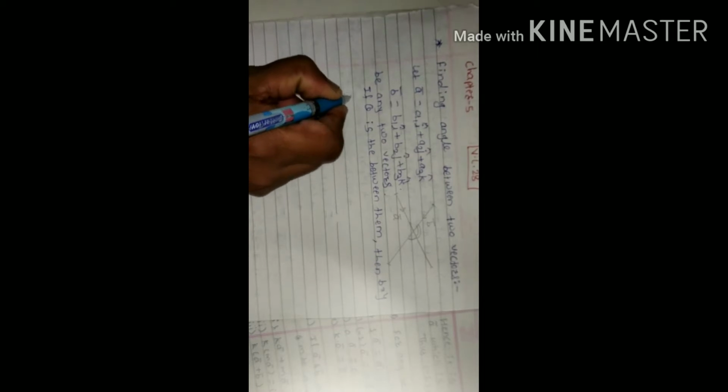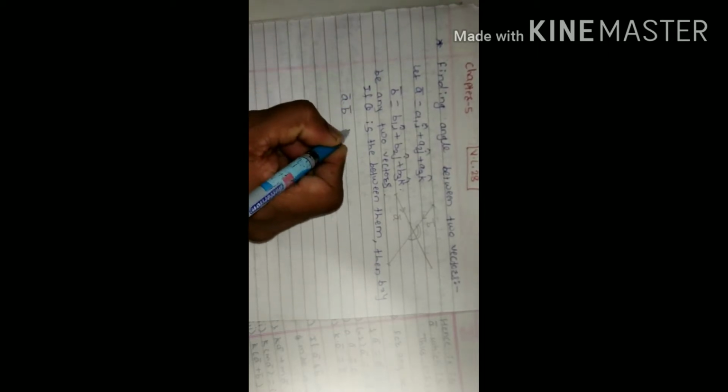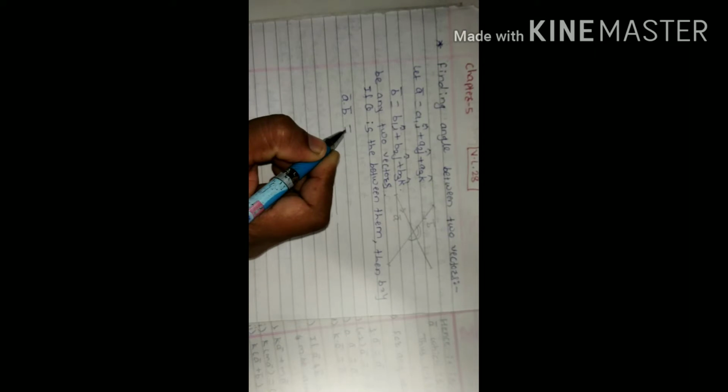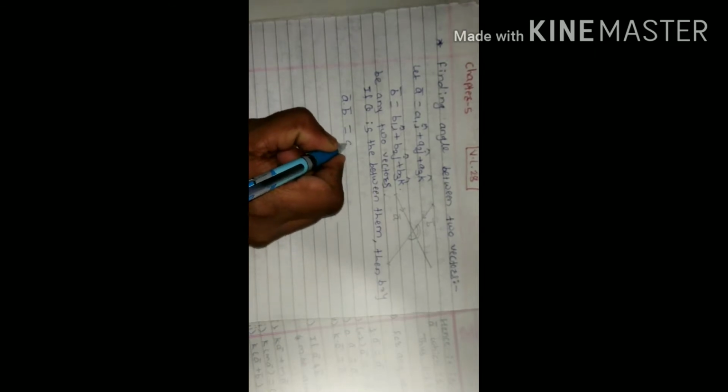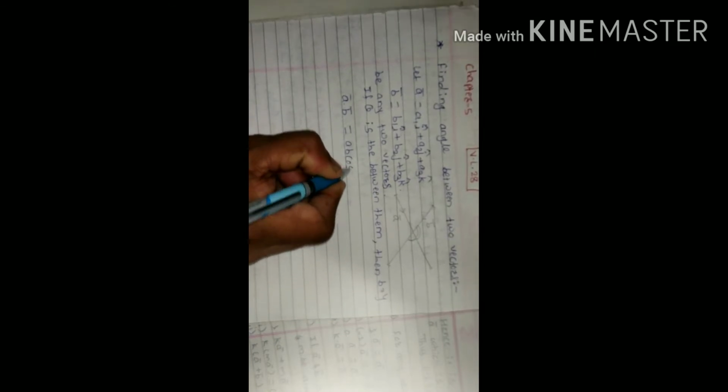Then, by taking the dot product, we know that a bar dot b bar is equal to ab cos theta. Then we find the value of cos theta only.